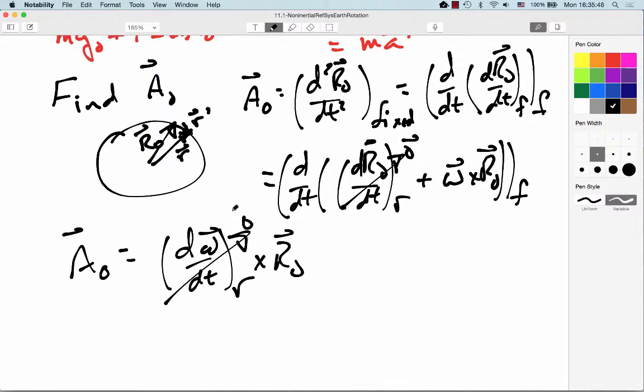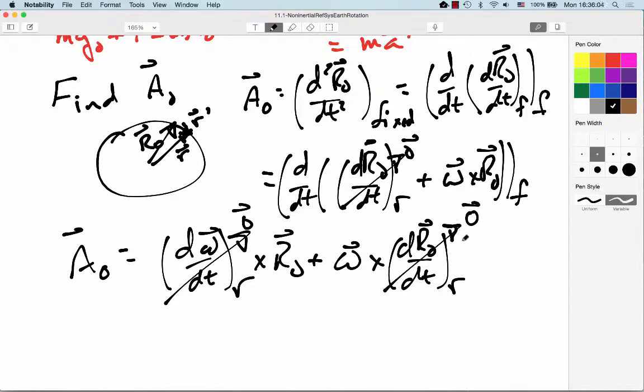We've already said that over a period of time of anything we care about, we're going to ruthlessly ignore the fact that the Earth's rotation is slowing, plus omega cross dr naught dt as measured in the rotating frame. And again, we can ruthlessly make that go to 0 because that's the whole point of working in the rotating frame, is that we don't think we're moving. So that just leaves us with plus omega cross r naught.